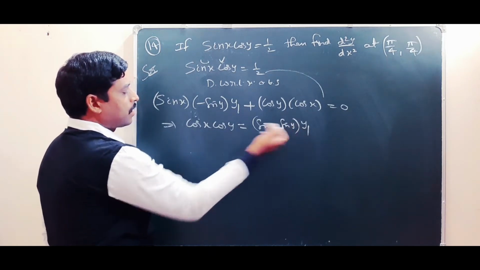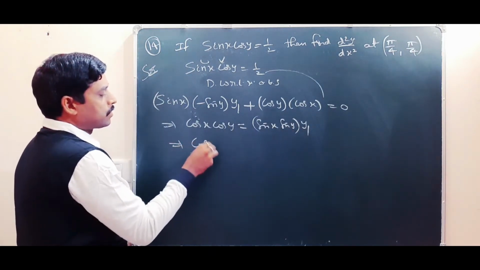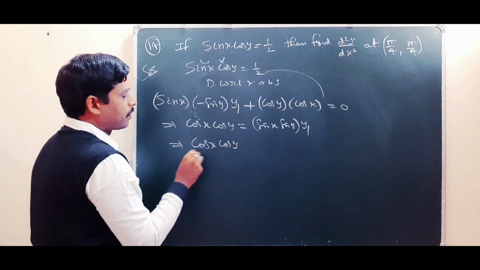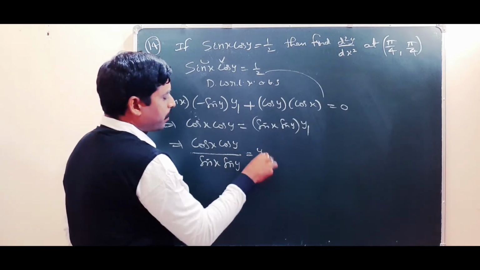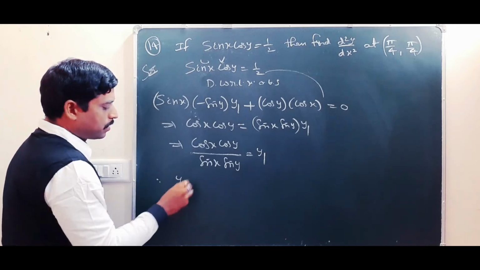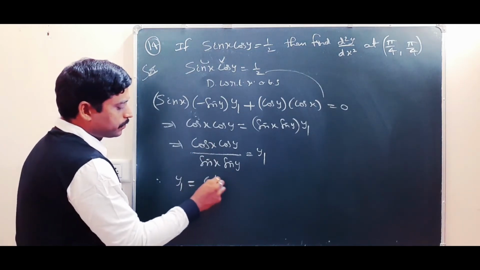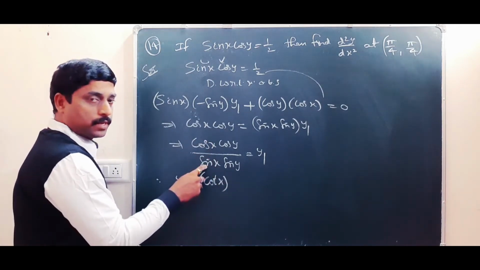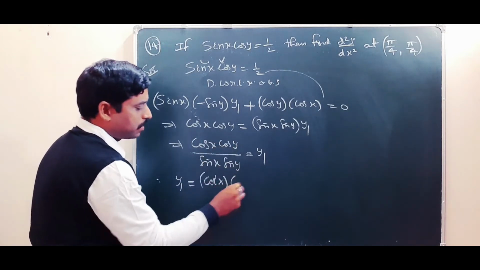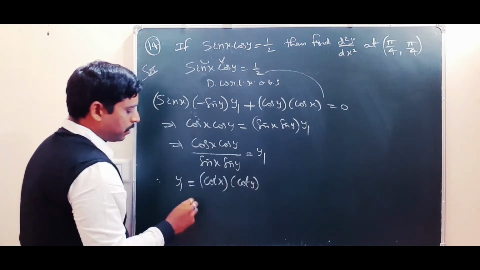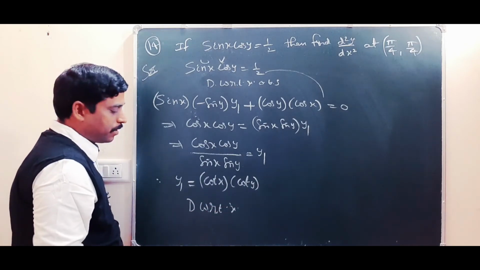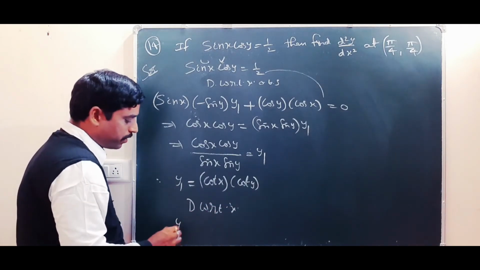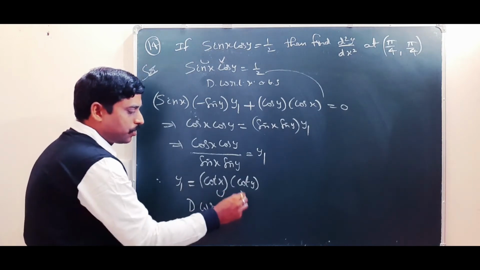The sin x sin y we bring to the left side, cos x cos y upon sin x sin y will be y1. Therefore y1 is equal to cot x into cos by sin, we get cot x, and cos by sin is cot y. Now again differentiation with respect to x on both sides. Differentiation of y1, we get y2, by using the uv formula.